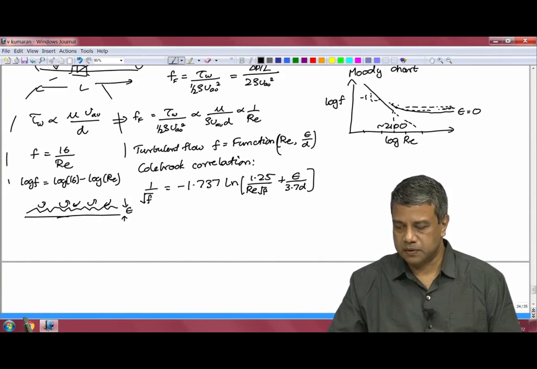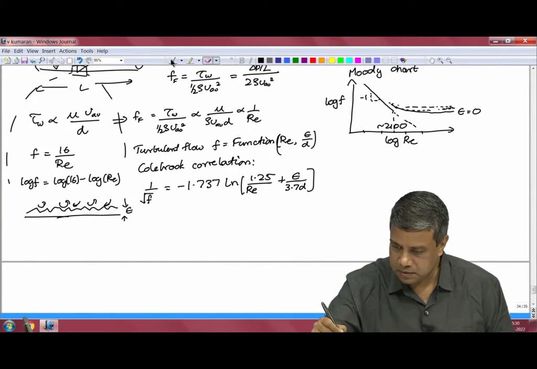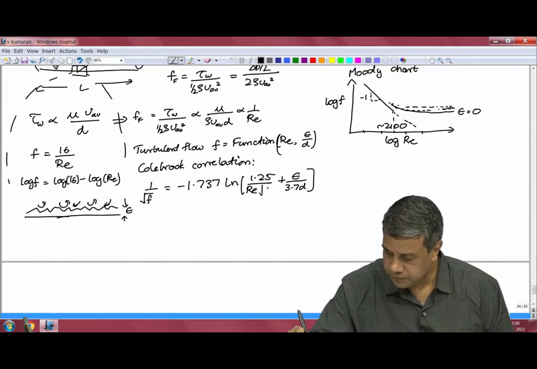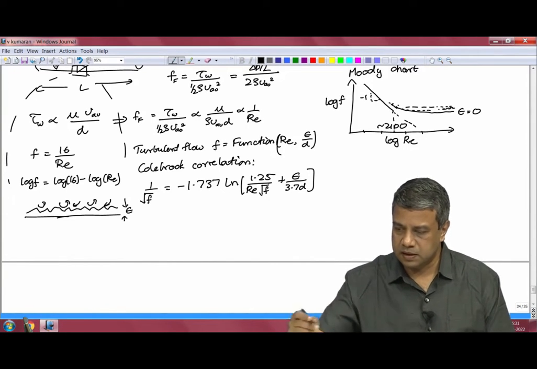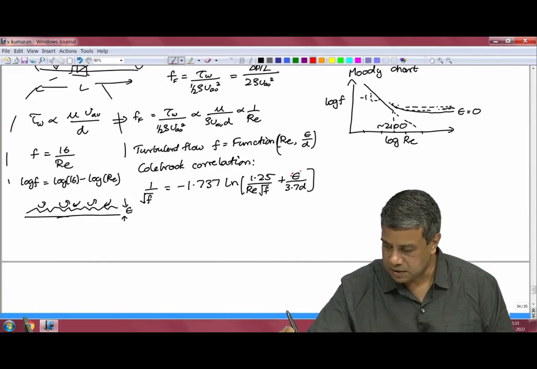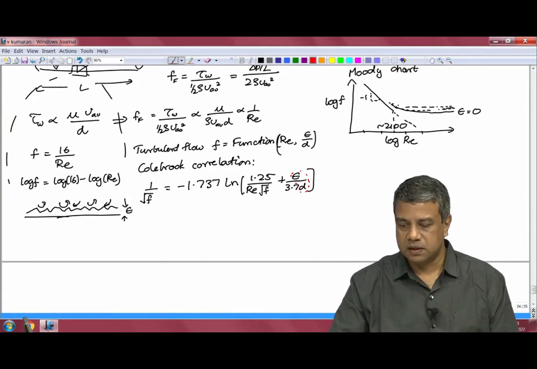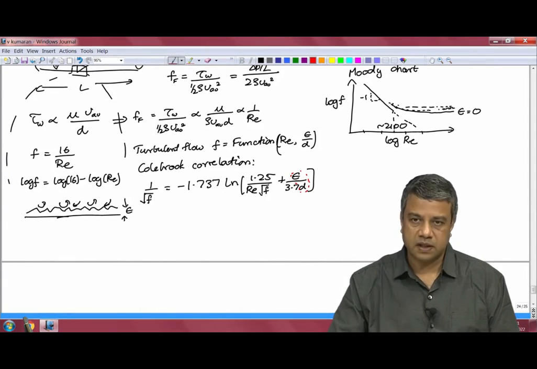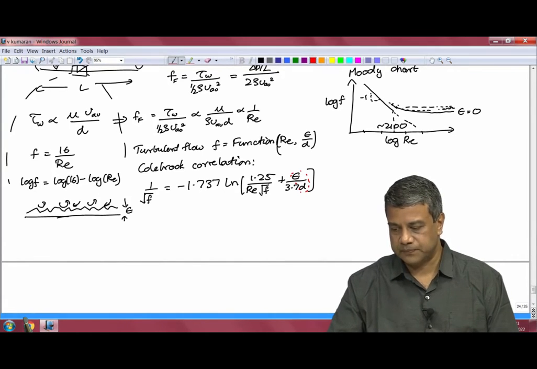This depends upon two things. One is the Reynolds number and the other is the pipe roughness, the scaled pipe roughness, and the Reynolds number both enter into this. But you can see that the square root of f is appearing on both sides of the equation. So, you cannot solve it for a given Reynolds number. You do not get an explicit expression for the friction factor.